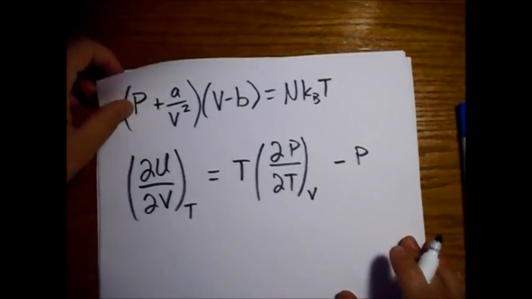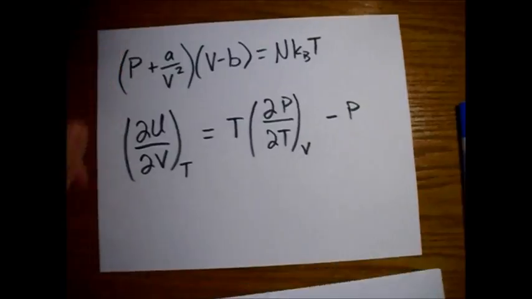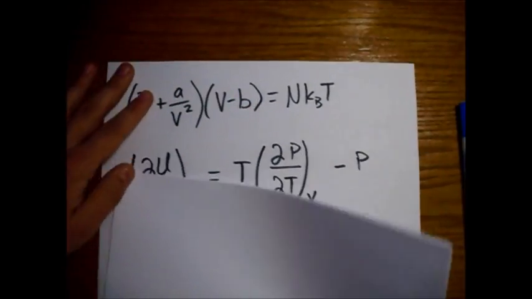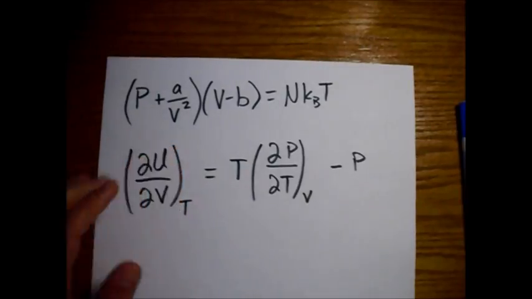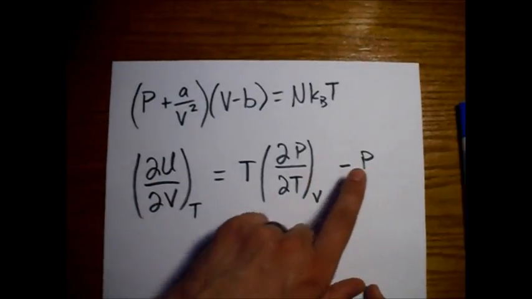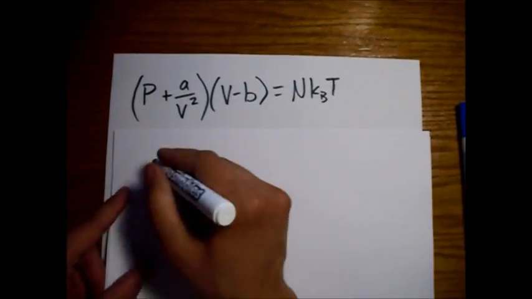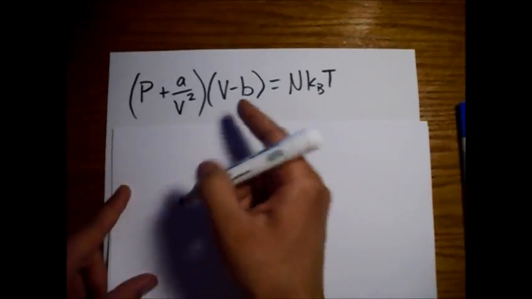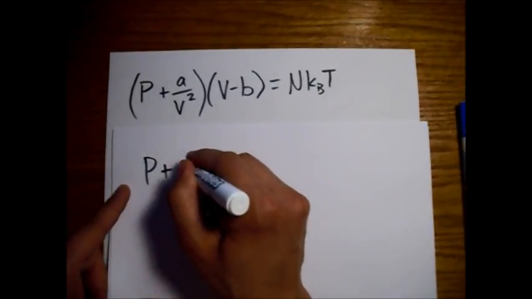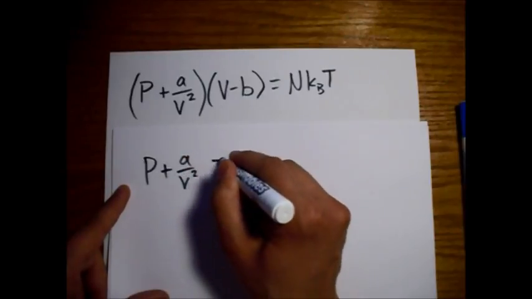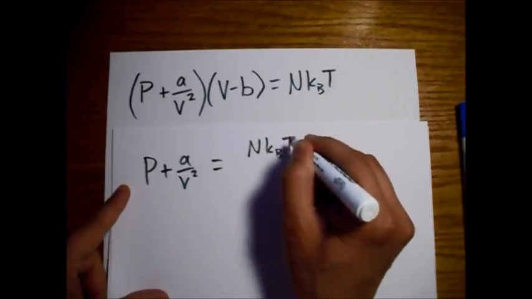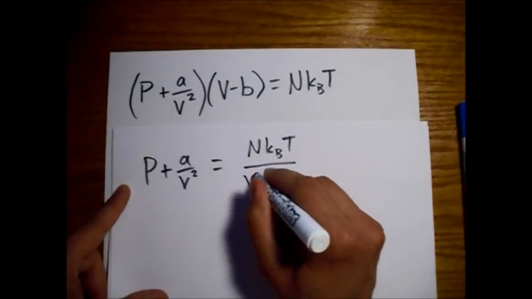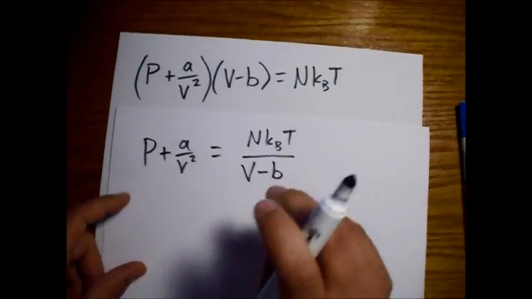First, what we're going to do is solve the equation of state for the pressure, because we're going to look for this quantity right here. This is what we're solving for. So we need to know the pressure here and the pressure here. We'll start off by saying P plus A over V squared equals, I'm just going to divide by V minus B, N kB T over V minus B. Let's switch to a different marker.